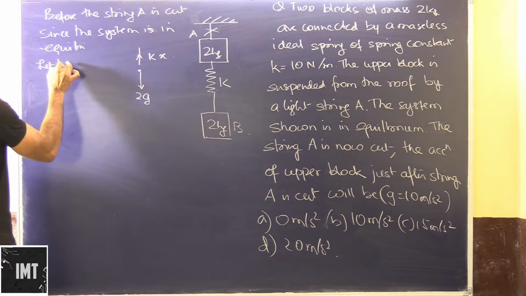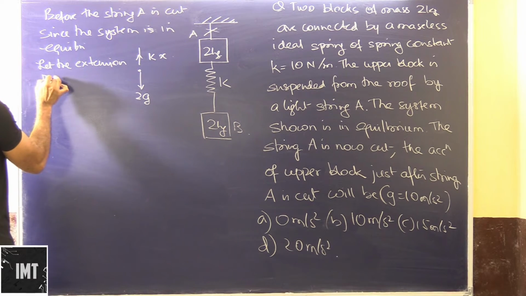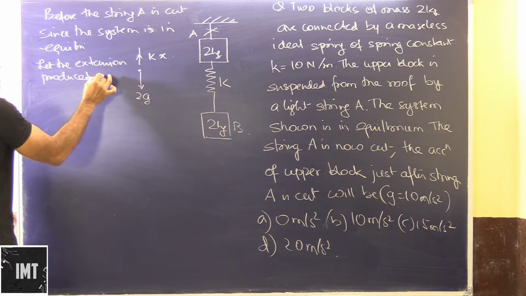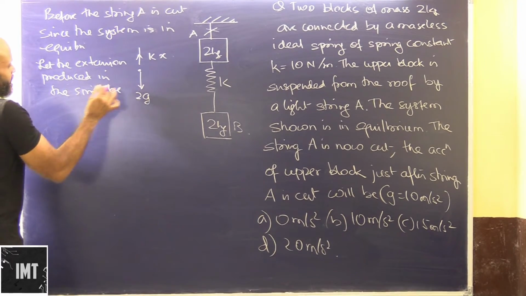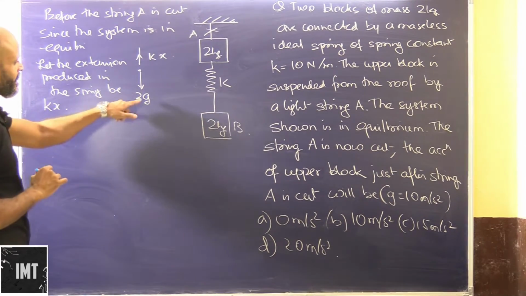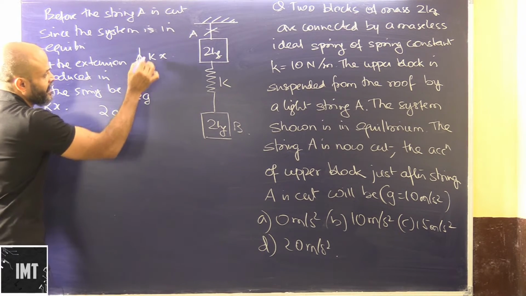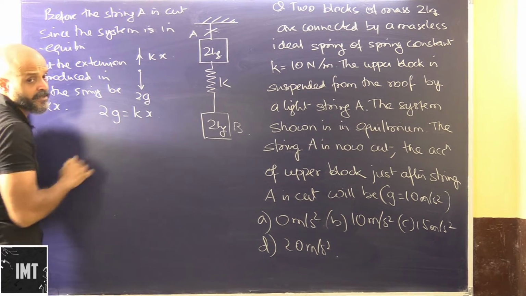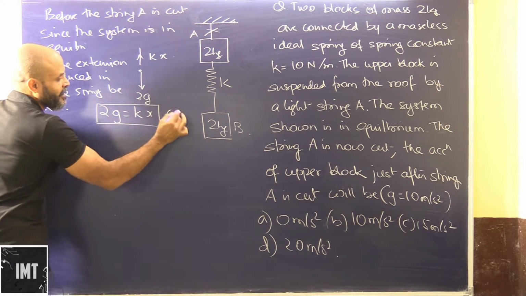Let the extension produced in the spring be x. So 2g, which is acting downwards, is equal to kx, since the system is in equilibrium. So 2g is equal to kx for this block.